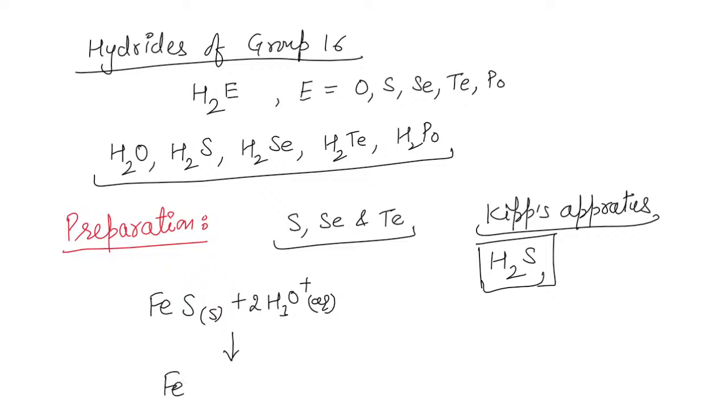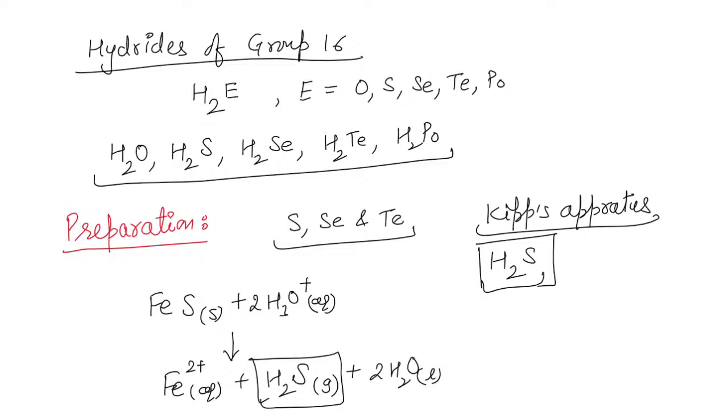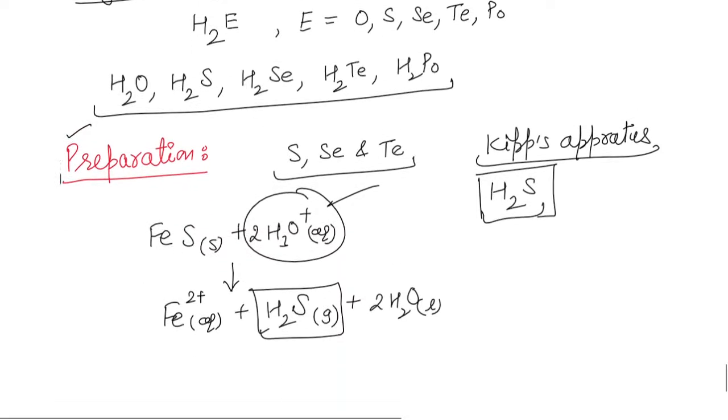So we get Fe2+ ions along with H2S gas and H2O liquid. In this way we produce H2S gas. So metal sulfides, selenides or tellurides, when treated with dilute acids, give their hydrides. These are the methods of preparation for the hydrides of group 16.